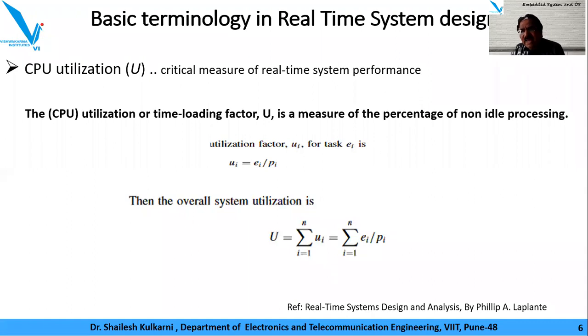That means my scheduling algorithm should be such that it keeps engaging the CPU all the time. And that is what we refer to as the utilization of this particular CPU, a very critical measure. If the underlying scheduling algorithm is not effective in keeping the CPU utilized all the time, specifically for the foreground activities, the activities designed by an application programmer.